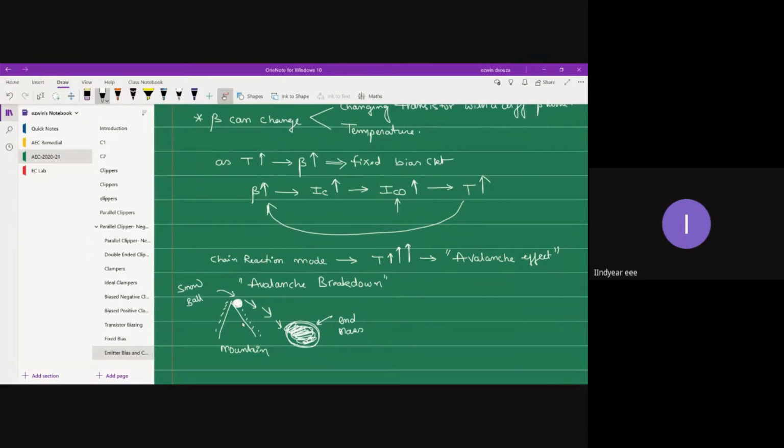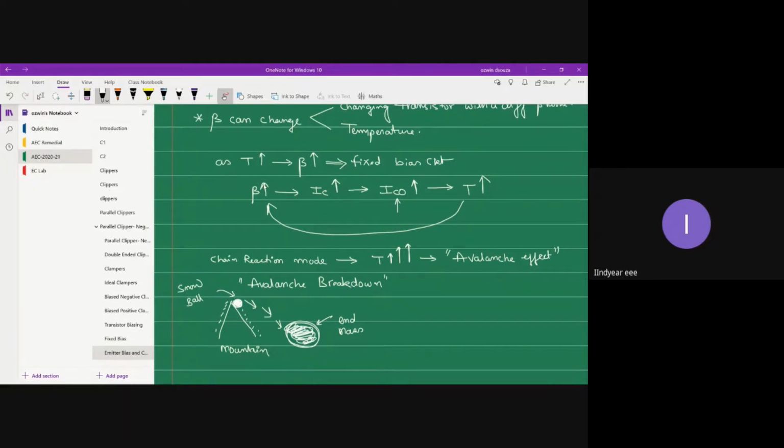Similarly, in case of transistor, what is happening is a mere rise in temperature. Eventually, it will increase the electron and hole pairs. With the increment in electron and hole pairs, more current will flow. With the increment in current flow, the temperature increases, and the increased temperature can release more and more electron and hole pairs. So in every cycle, these electron and hole pairs are getting increased.